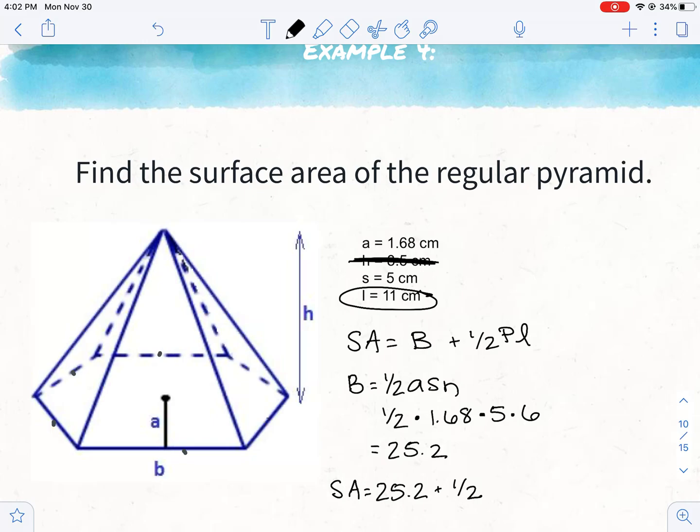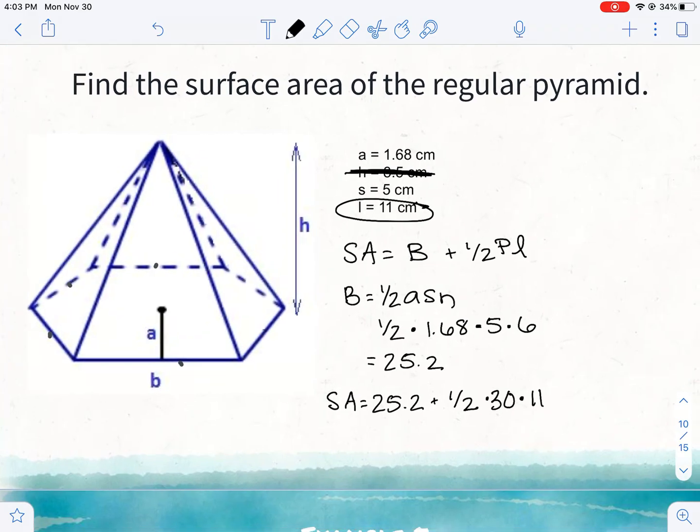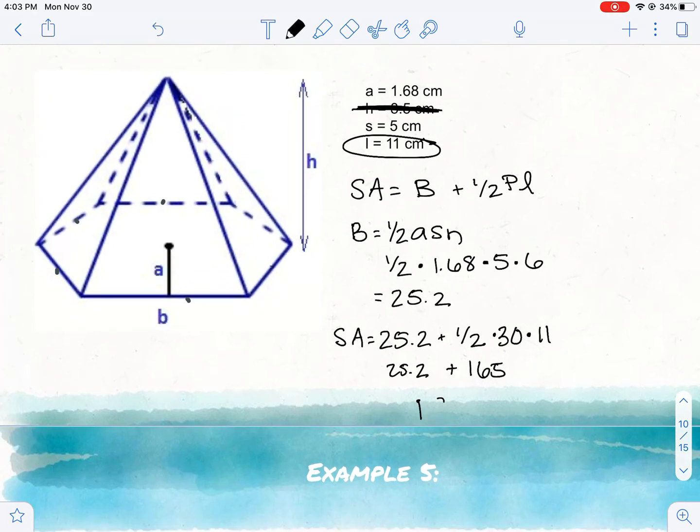My perimeter is each side 5 times the 6 sides, so 30 times my slant height 11. 1/2 of 30 is 15, and 15 times 11 is 165. I'll add on the 25.2, and I get 190.2 centimeters squared.